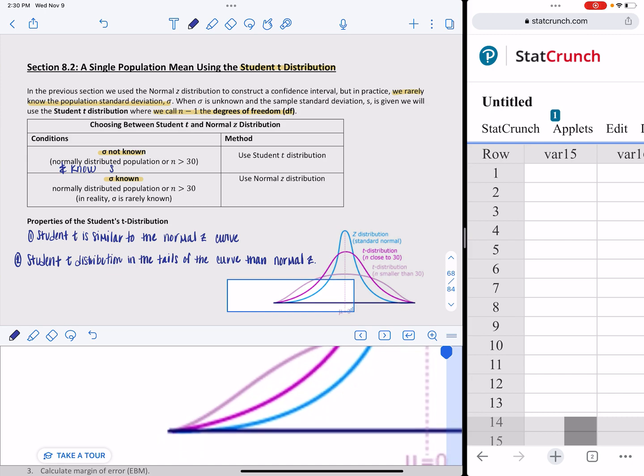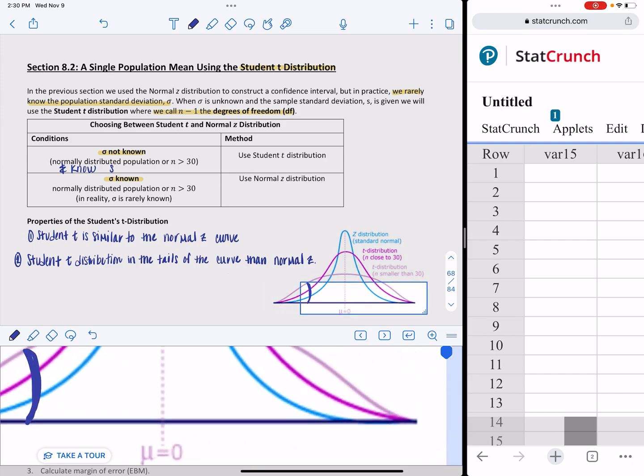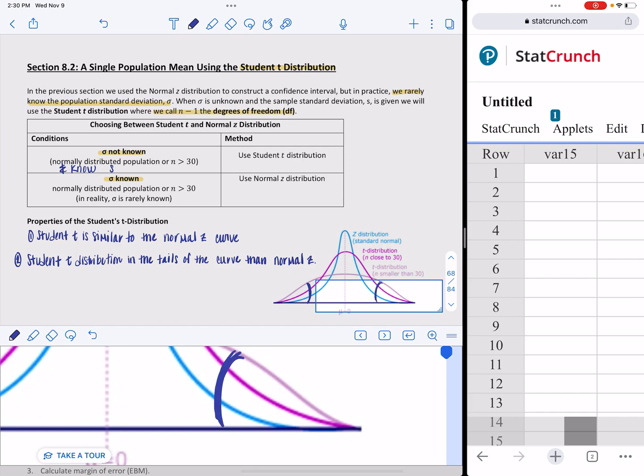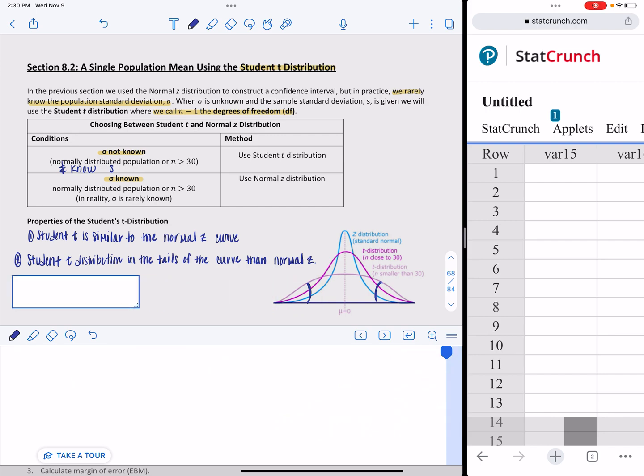So we have more area in this region, down in here, than the normal z-curve would.